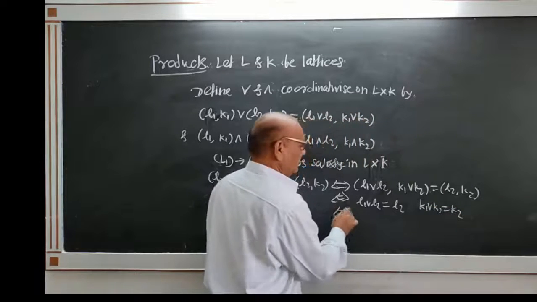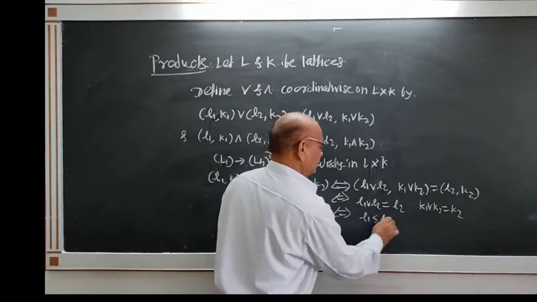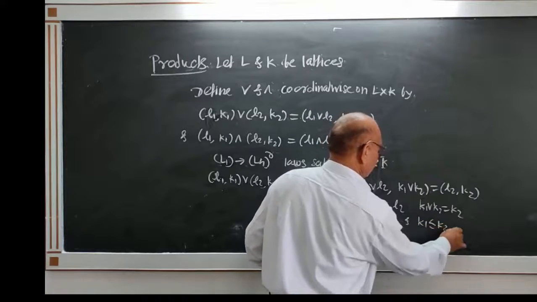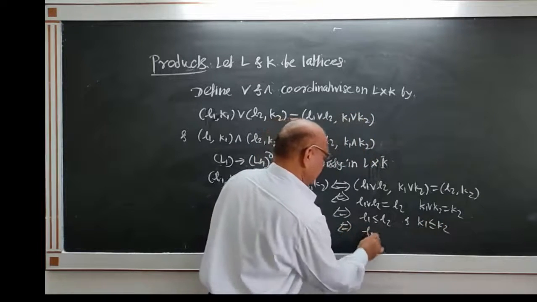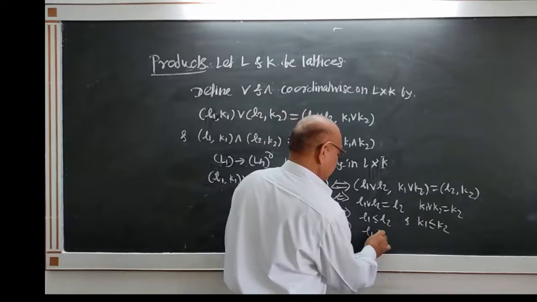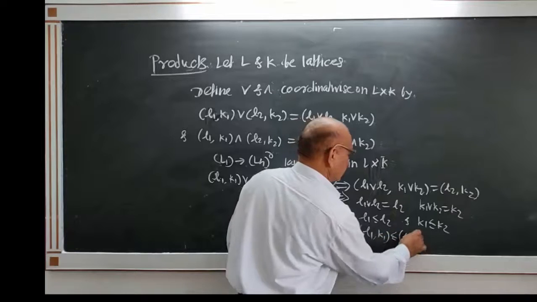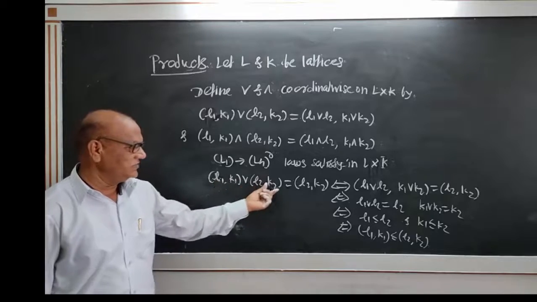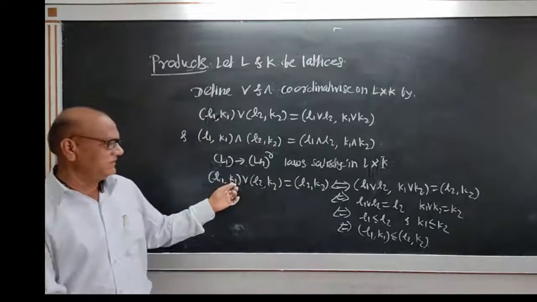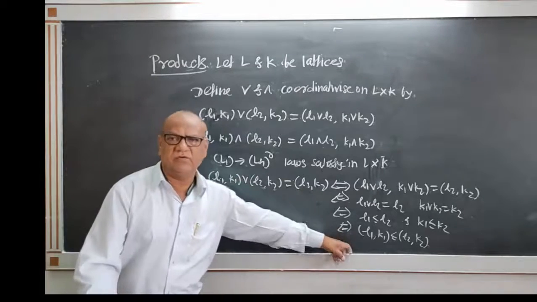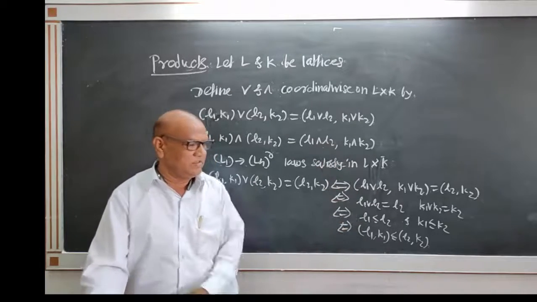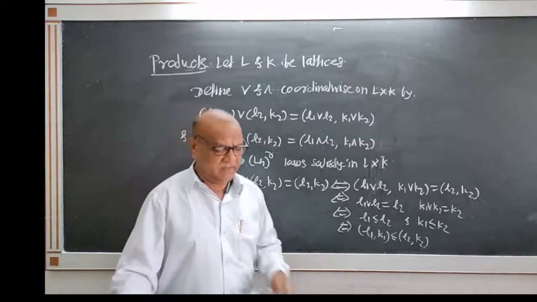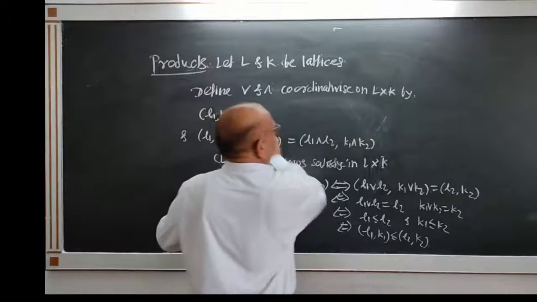This gives, if and only if, L1 is related to L2 and K1 is related to K2 if and only if (L1, K1) is related to (L2, K2). That means if (L1, K1) join (L2, K2) is equal to (L2, K2), then (L1, K1) is related to (L2, K2). All lattice conditions are satisfied in L cross K.